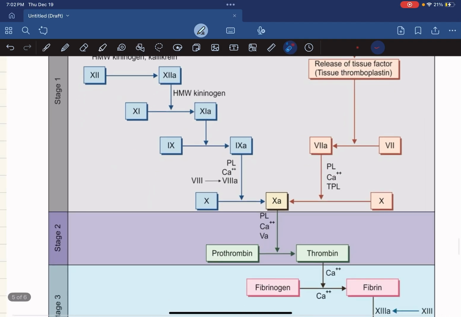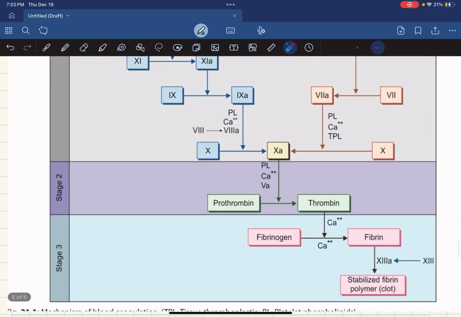And now coming to the activation of thrombin from prothrombin. Thrombin is the factor 2, and it is activated with the help of platelet phospholipid, calcium, and activated factor 5A, also known as proaccelerin.